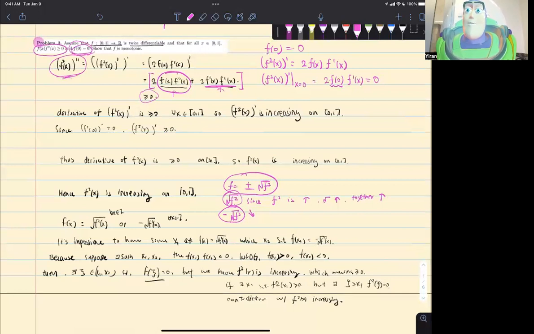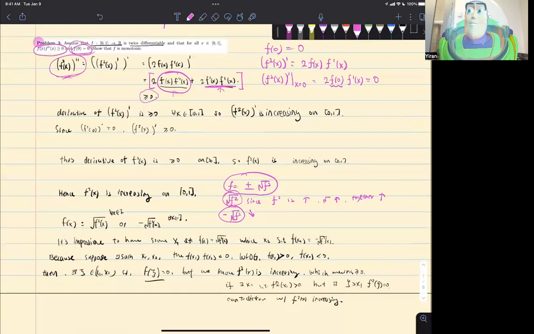What else we need to argue is the relationship between f and f squared. So of course, f is equal to positive or negative square root of f squared. If you look at the square root of f squared, since f squared is a monotonic function, and the square root of a function is also a monotonic function, the composition is still a monotonic function.